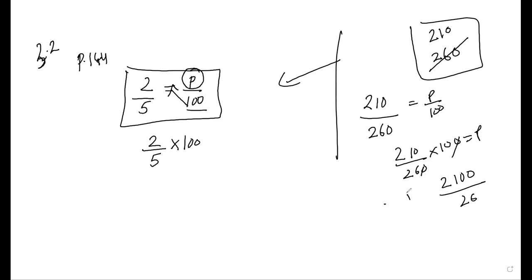How much? 80 point? Okay. That means you have 20% discount, because you have to do 100 minus 80.